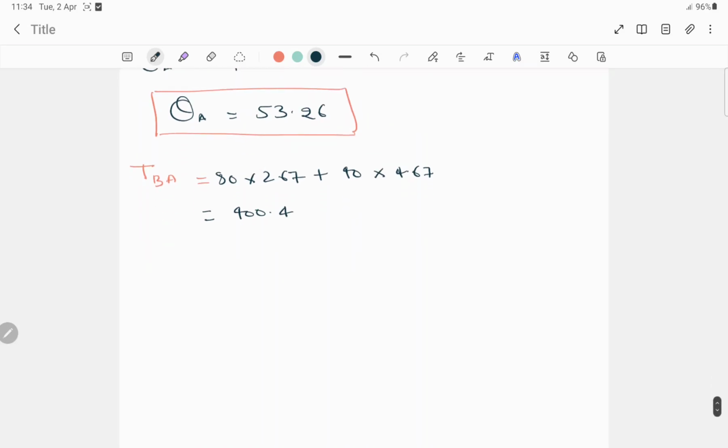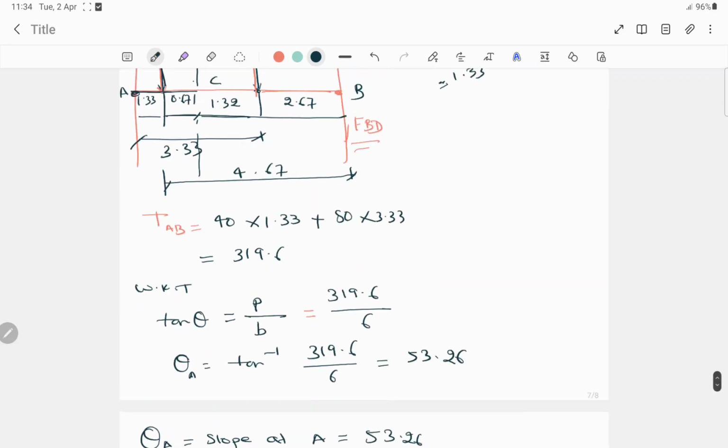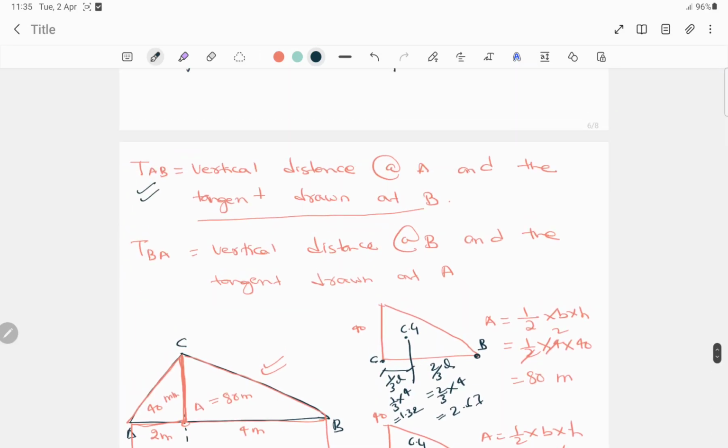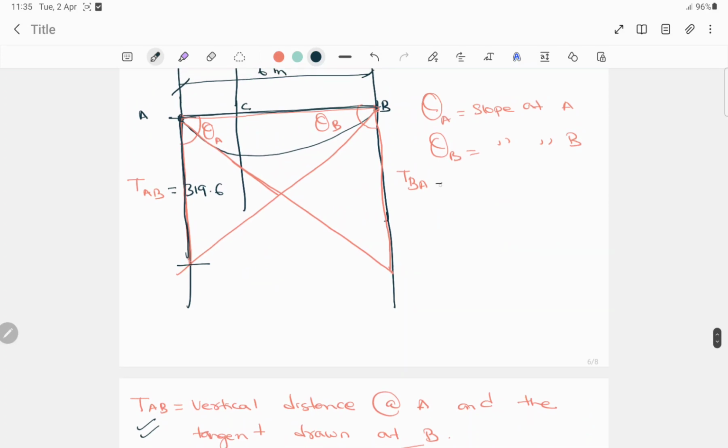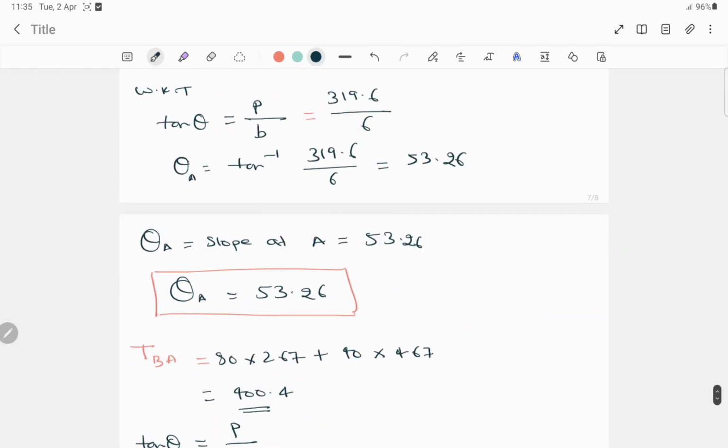Now we'll get the value around 400.4. Now again we have to do the same thing, that is tan theta is equal to perpendicular by base. So tan theta is equal to the perpendicular distance, which is 400.4. This is the perpendicular distance from this side, and the base will be the same for both.